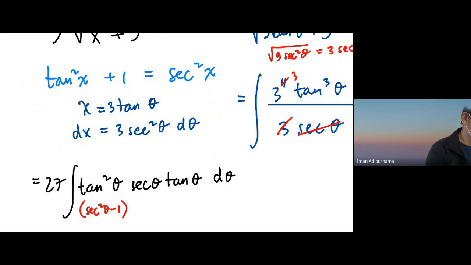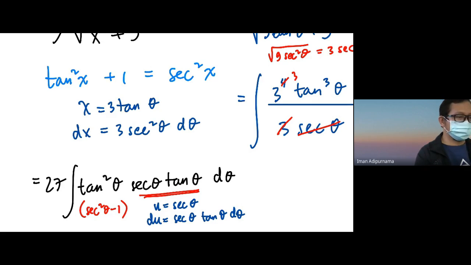So of course we have a secant tangent, so we might use u as secant. We will have du is secant theta tangent theta d theta.